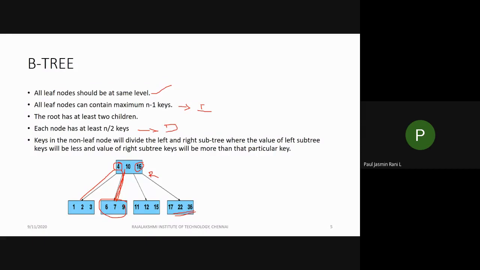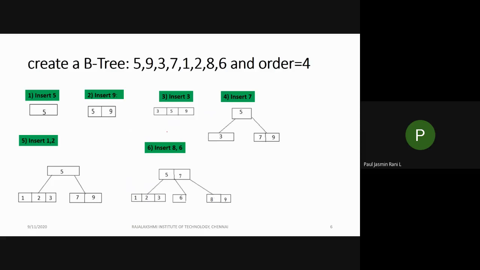So let's see how you can construct a B tree, or how you can perform an insertion operation. First, create a B tree for the given elements, and in your question they will give the order also, because depending upon the order only, at the time of insertion you should not violate the rule.